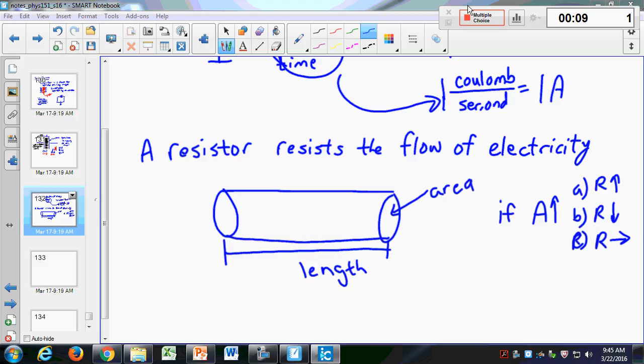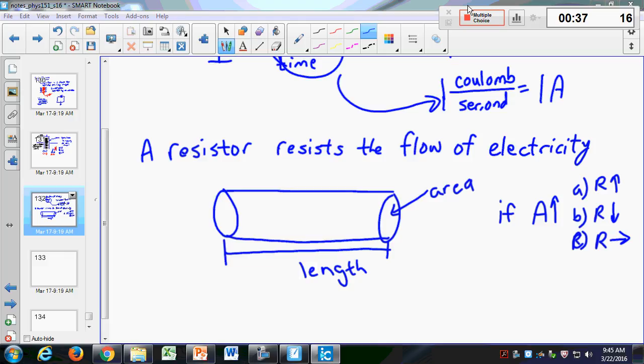Again, you can think of this also as like water flowing through a pipe. If I make my pipe bigger, will it be easier or harder for water to go through it? So if I make my resistor bigger, will the resistance increase, that is, it would be harder to flow? Will it decrease, so it will be easier to flow, or will it remain the same?